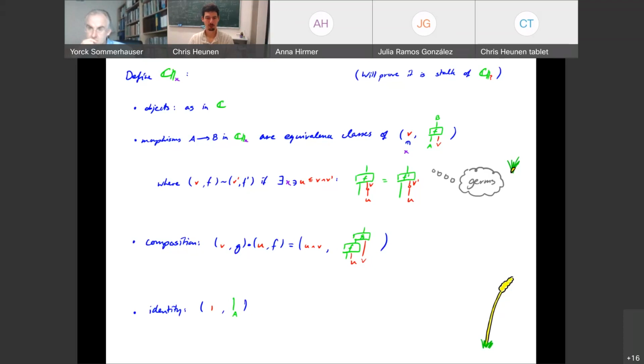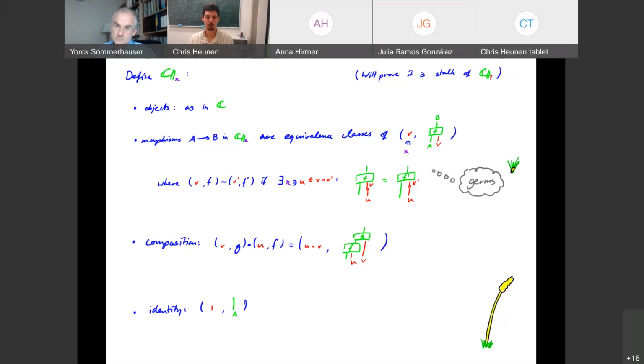A morphism in the stalk is an equivalence class of pairs, namely an open neighborhood of the point that we're looking at, so a central idempotent V that's contained in the completely prime filter X, together with a morphism in C that goes from AV to B. So this is a lot like how we were defining germs before. We're only interested in how F acts in a tiny, tiny neighborhood of the point.